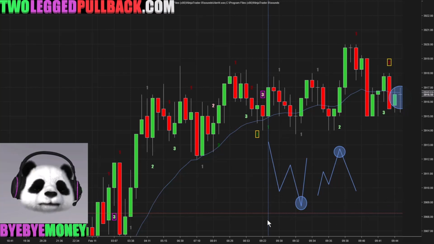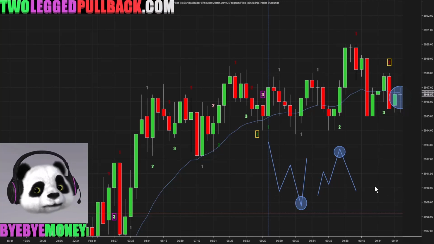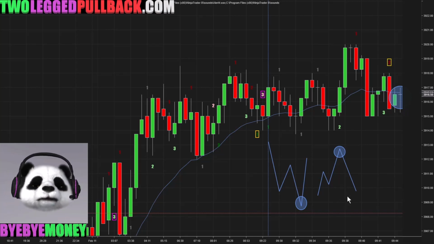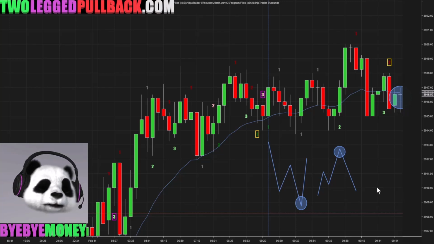Basically, we like to trade the two-legged pullback in good context, such as off the 20 EMA, support resistance levels, trend lines, channels, and things like that. And the reason why the two-legged pullback is so probable is because of market psychology, trader psychology. In fact, the two-legged pullback has been around since trading has begun.